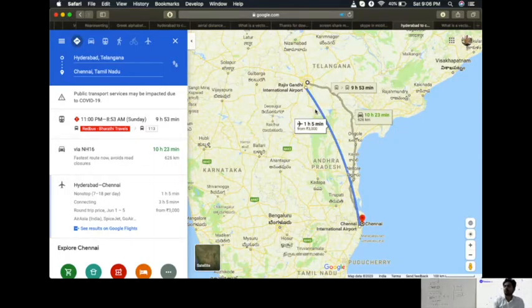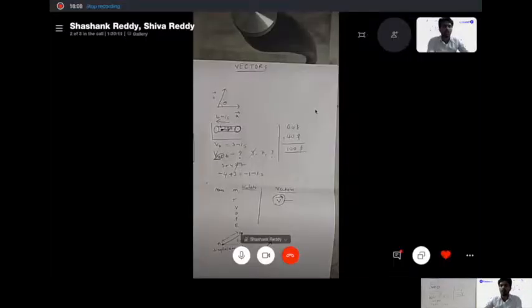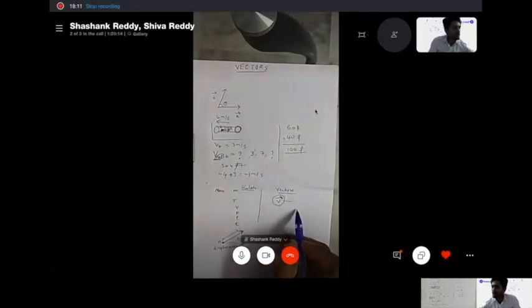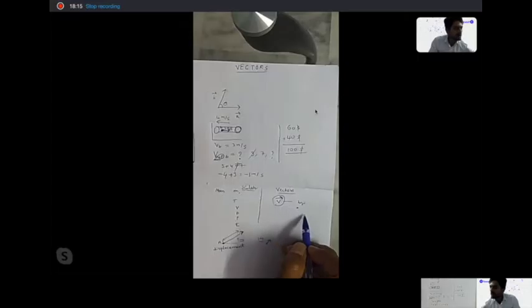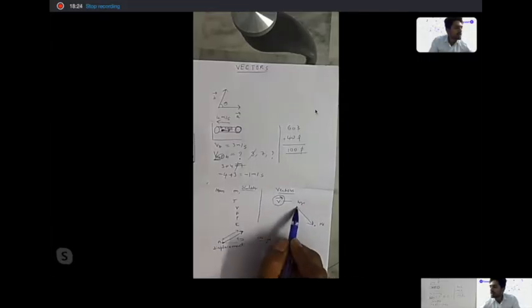So to represent this, I could say that this is Hyderabad here, represented by HY, and this is Chennai here, represented by MS. And I have a vector from here to here in this direction, and the length of this vector is going to be the distance between Hyderabad and Chennai, and the direction from Hyderabad to Chennai is going to be the direction of this vector, right?